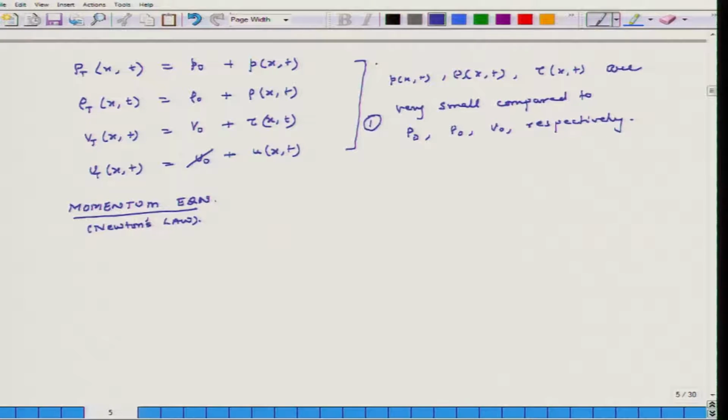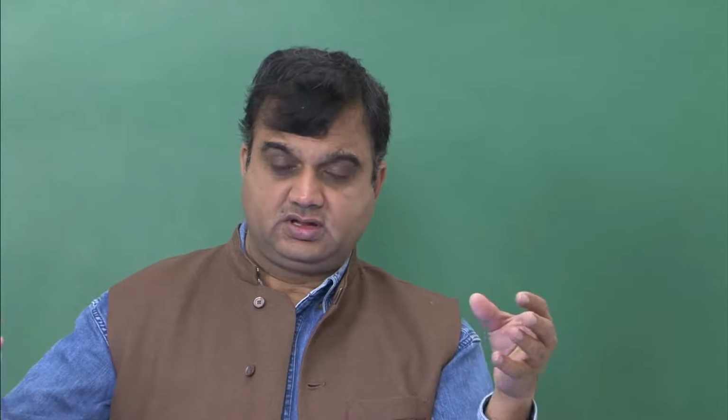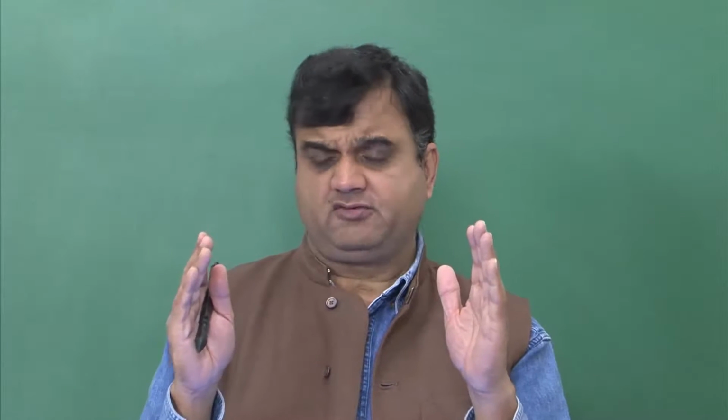The second equation relates to the fact that mass is conserved. If you have a volume into which mass is entering, and at the other end of the volume mass is exiting, then over a period of time, whatever is the influx and whatever is the outflux, the difference of these two will cause accumulation of mass in that volume.